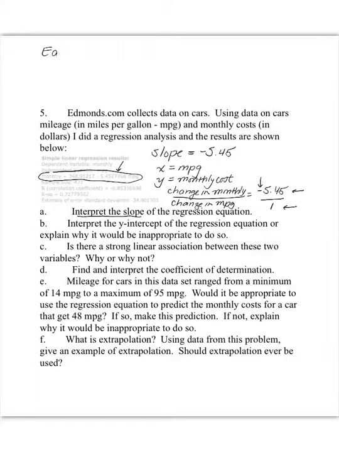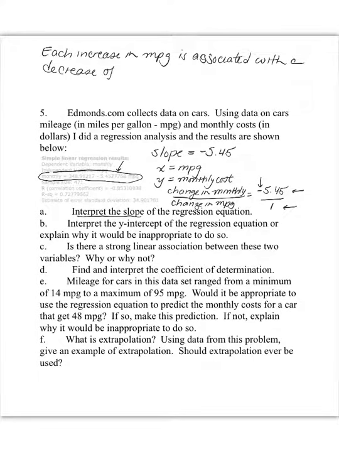Each increase in miles per gallon is associated with a decrease of about $5.45. You have to have words in your interpretation like is associated with or tends to.